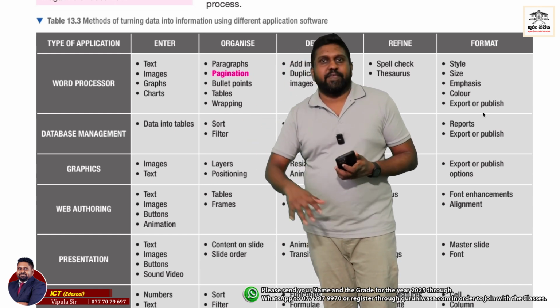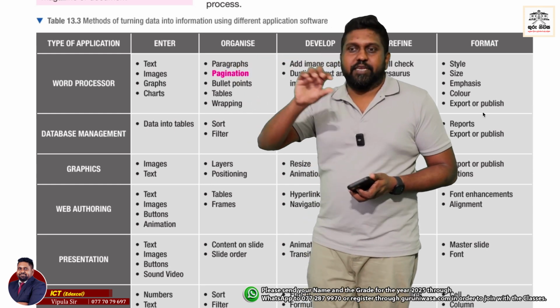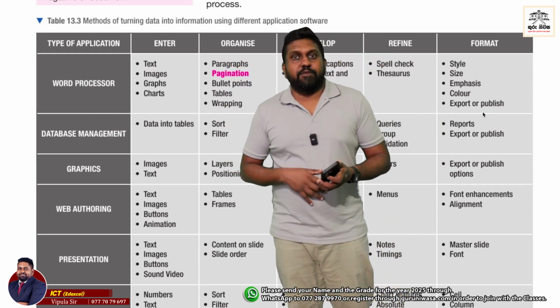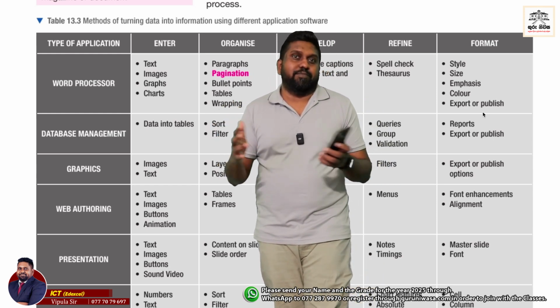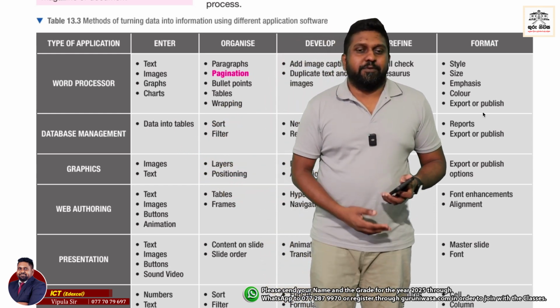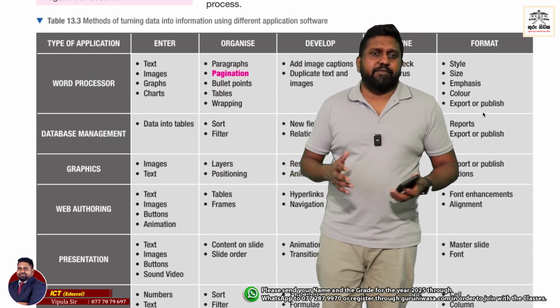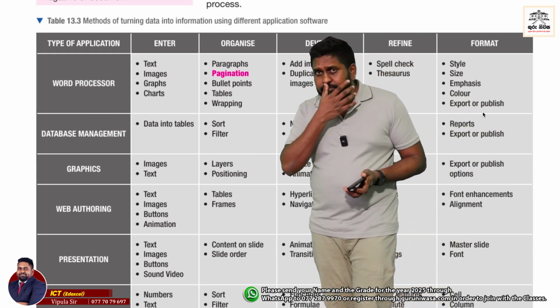You can copy paste something and you can add paragraphs, headings, bullet points, tables, you can wrap it up in blocks, and you know the typical drill when it comes to word processing, right? You get the option to perform all these type of actions. That is organizing.